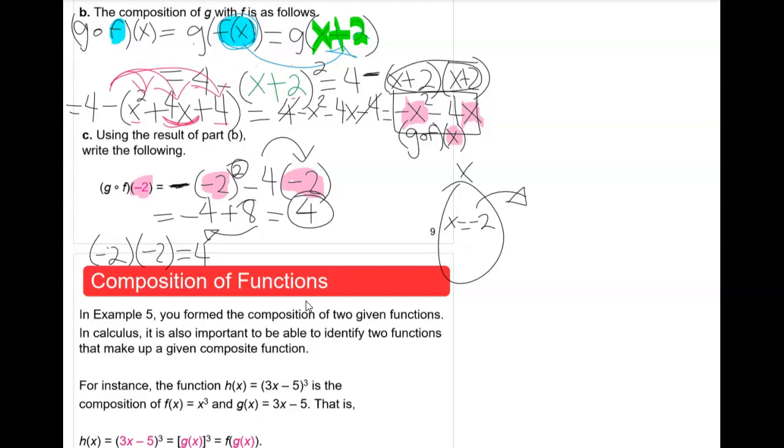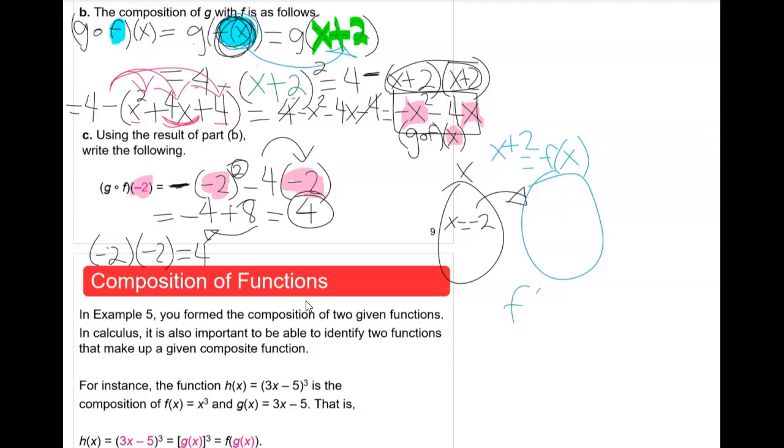In this case, it went inside function f first. So this will be f of x, and the equation for that was x plus 2. So instead of x plus 2, we will enter negative 2 plus 2. So that was equal to 0.